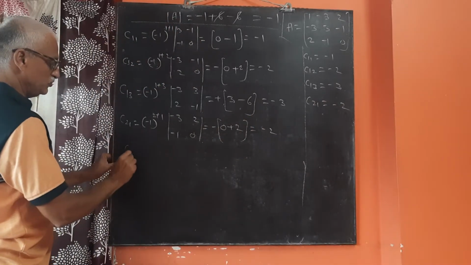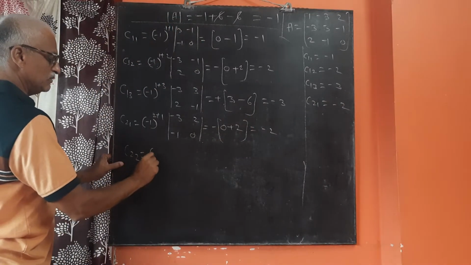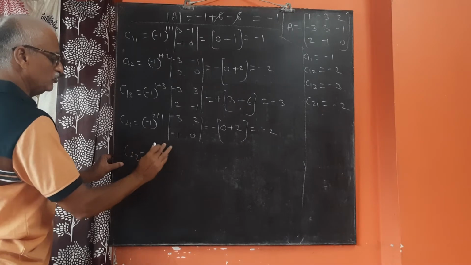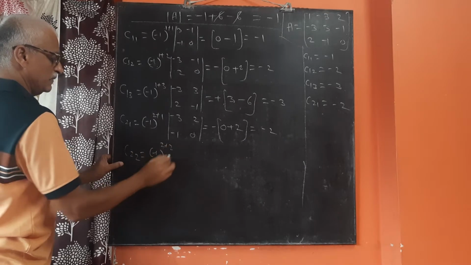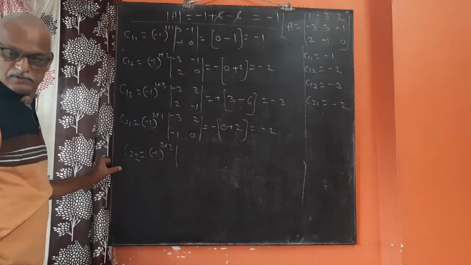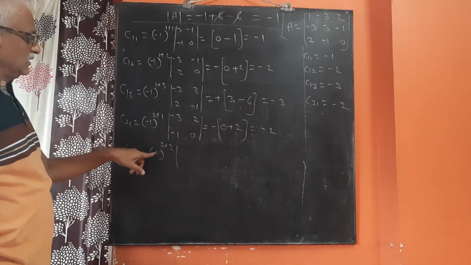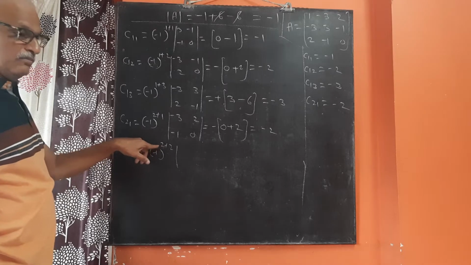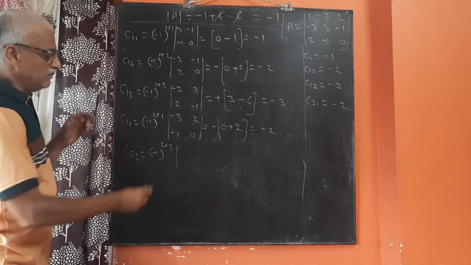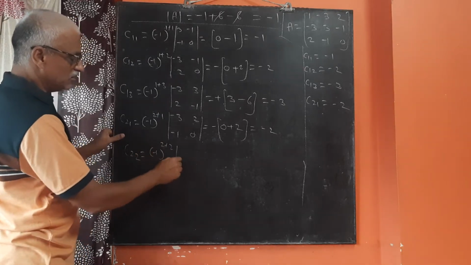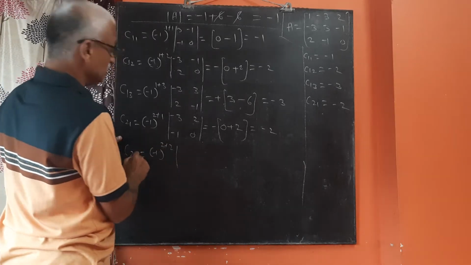Then comes C22 equals to minus 1 raised to 2 plus 2 into determinant of C22. Now minus 1 raised to 2 plus 2, that means 4. Minus 1 raised to 4 into determinant of C22.